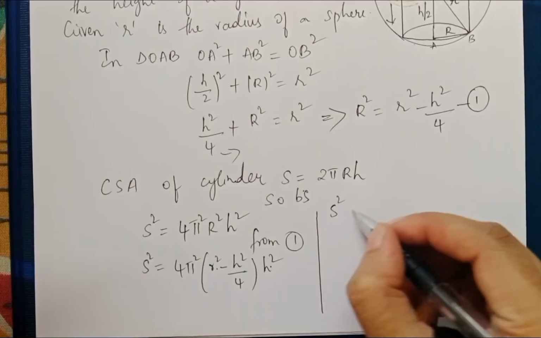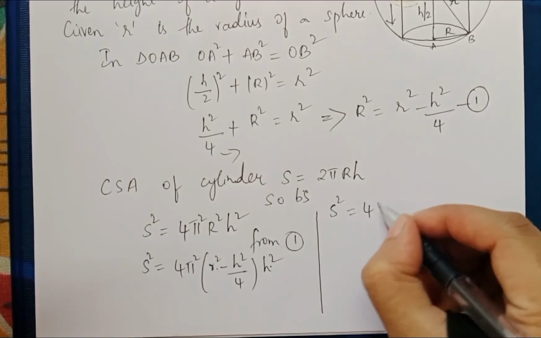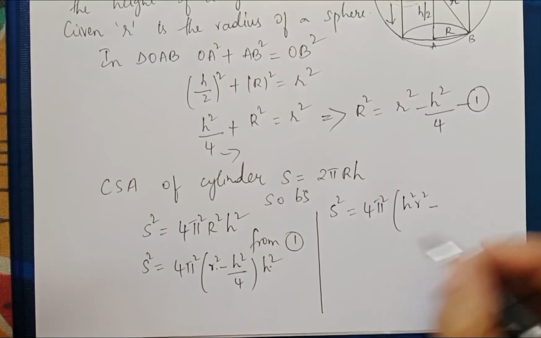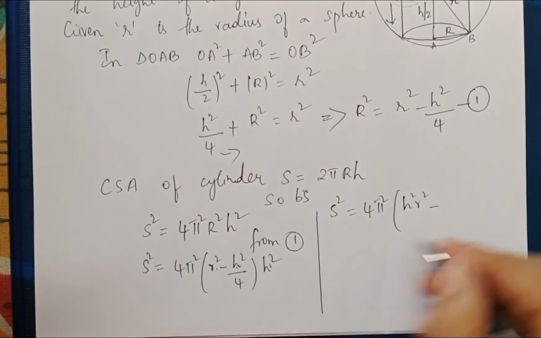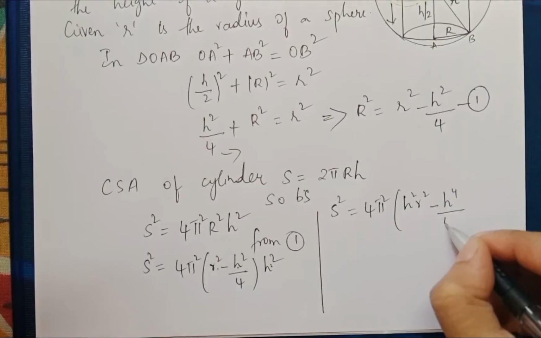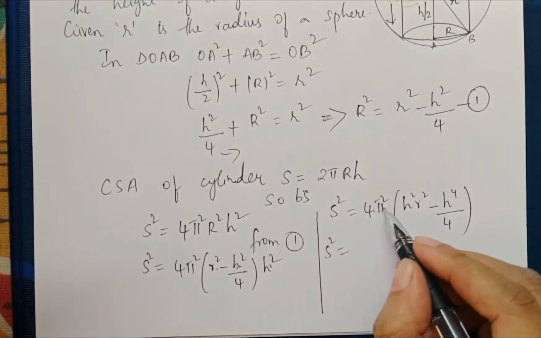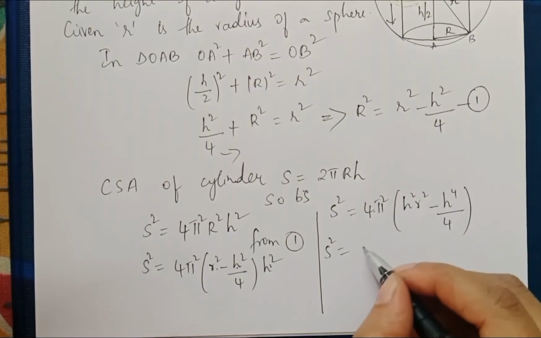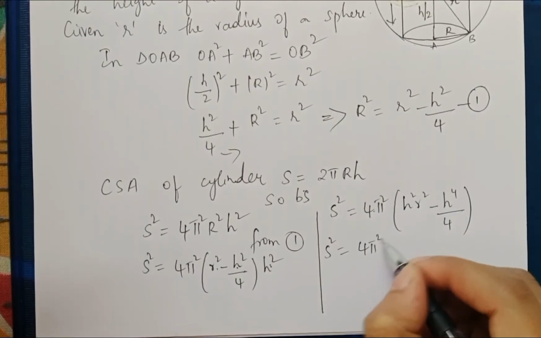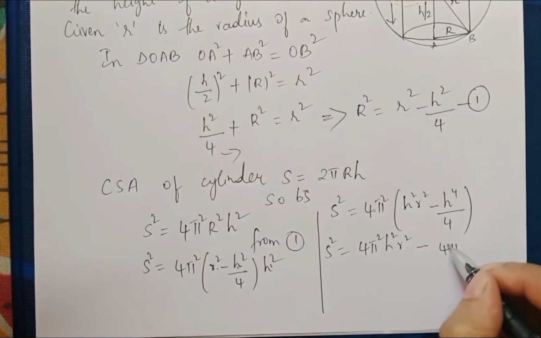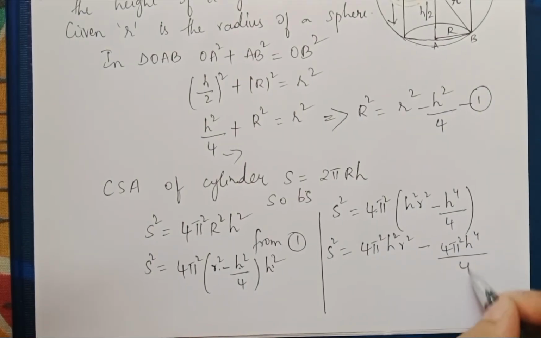Now we multiply h square inside with both the terms. We get S square is equal to 4 pi square into h square r square minus h power 4 by 4. Multiplying the 4 pi square inside with the two terms, it will be 4 pi square h square r square minus 4 pi square h power 4 by 4.